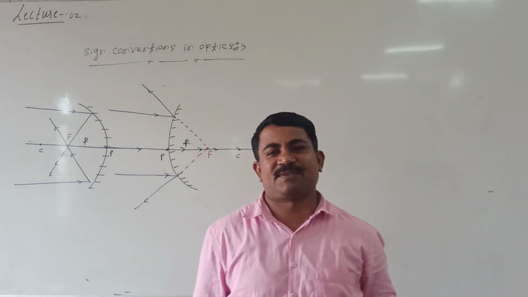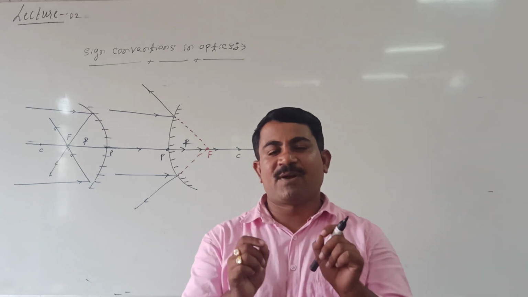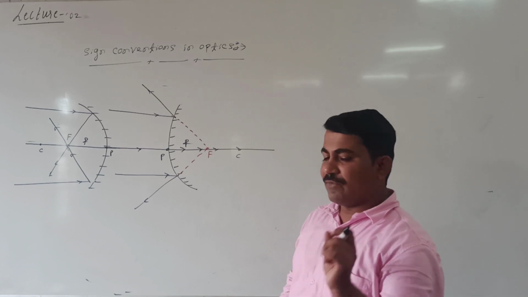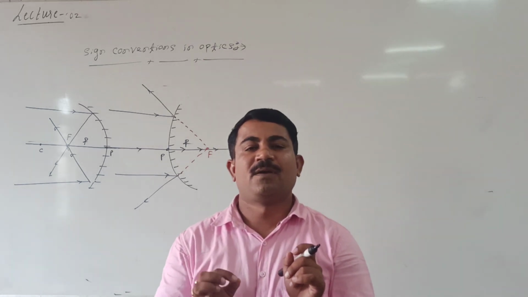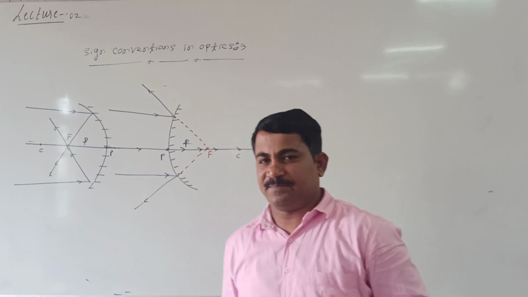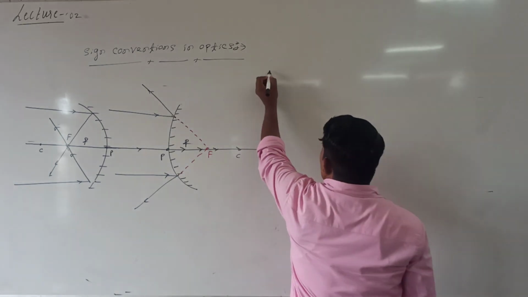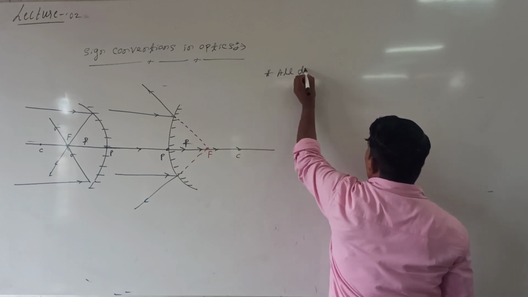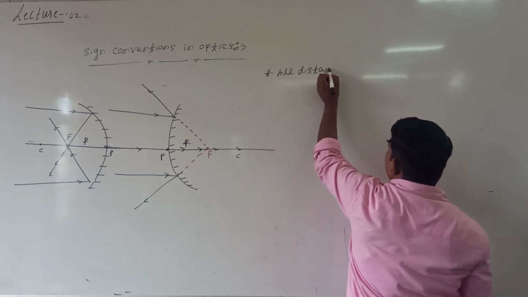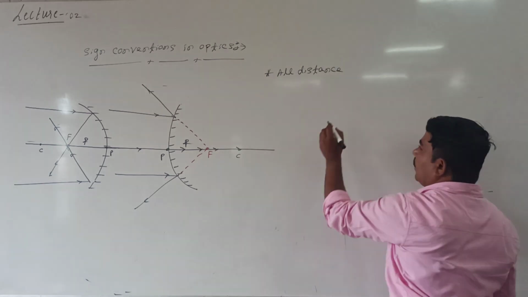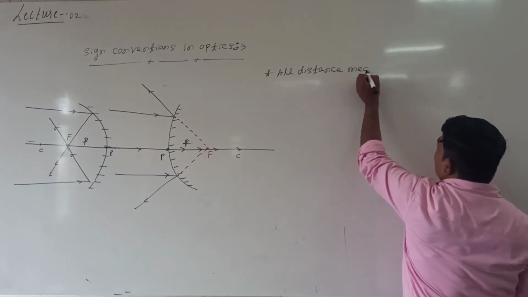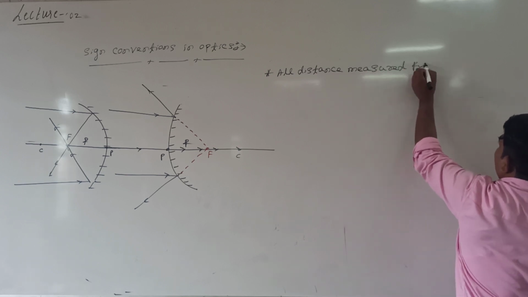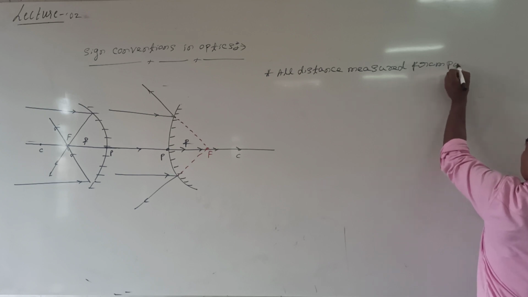Now we'll discuss what the sign conventions in optics are. The first sign convention is that all distances are measured from the pole.